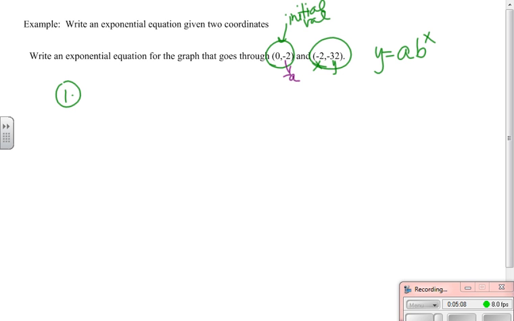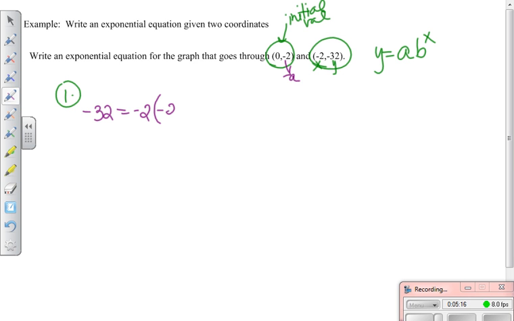So here's my y. So I have negative 32 is equal to negative 2 times b to the negative 2. So I've substituted in x, y, and a. So the first step is to divide both sides by negative 2. And so I have 16 is equal to b to the negative 2.